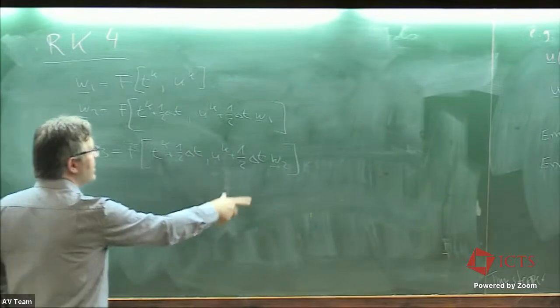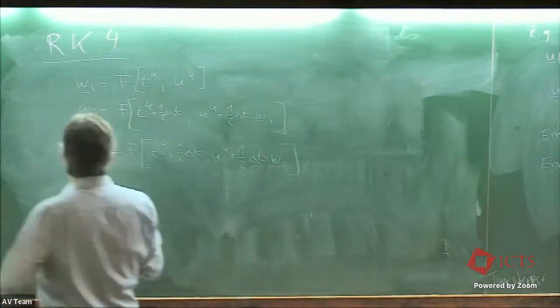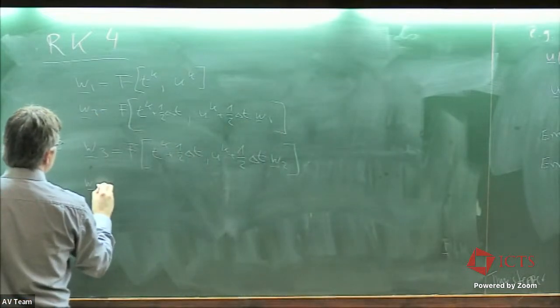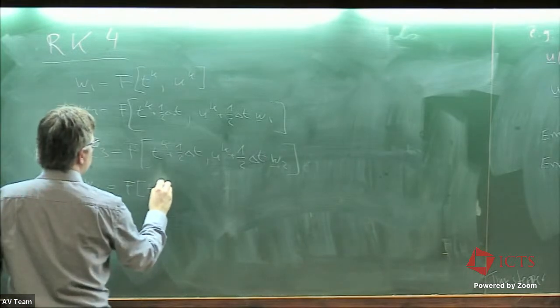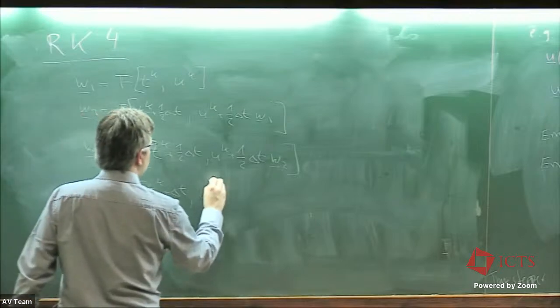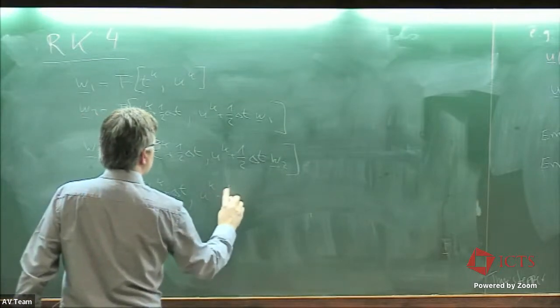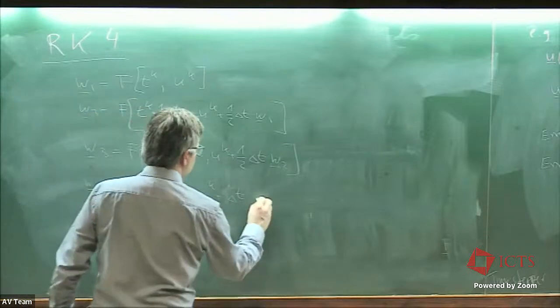So you're slightly varying the slope where you're evaluating this point up here. And then you're doing a 4th right-hand side evaluation at the end of the time step, tk plus delta t, and UK plus delta t times which one? W3.